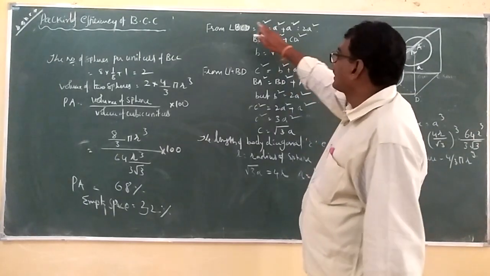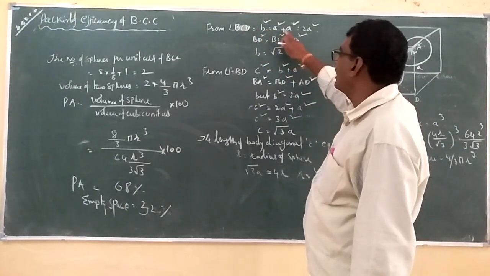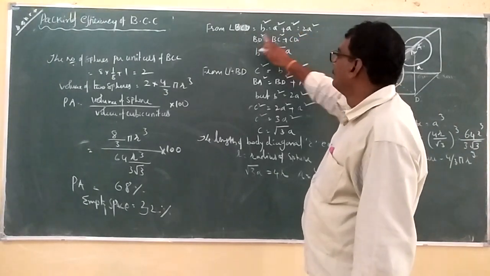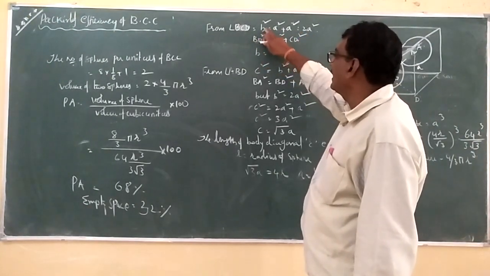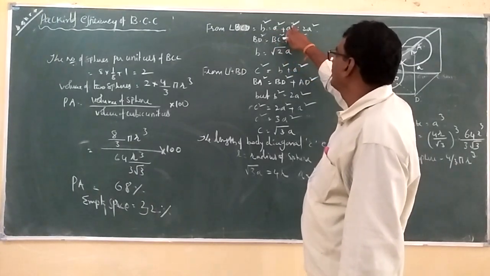So in triangle BCD, BD square is equal to BC square plus CD square. BD square means b square, BC square is a square, CD square is a square.